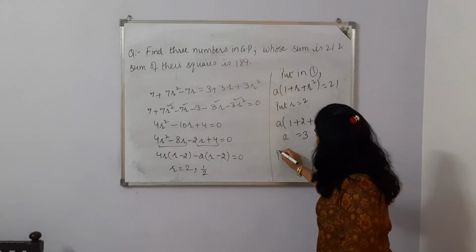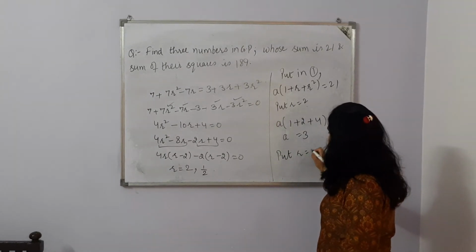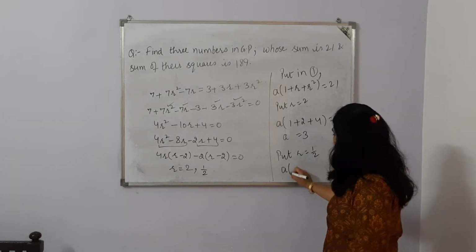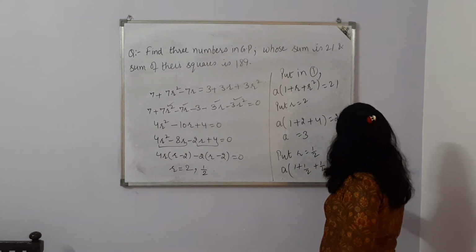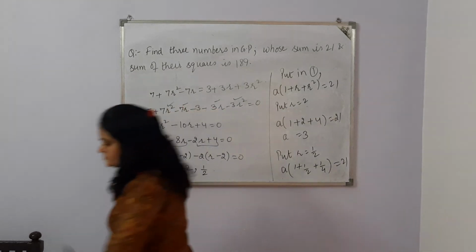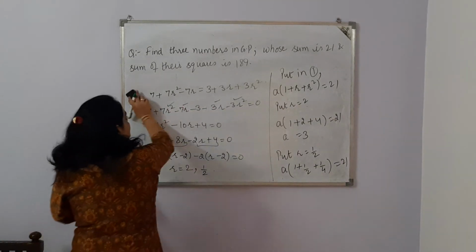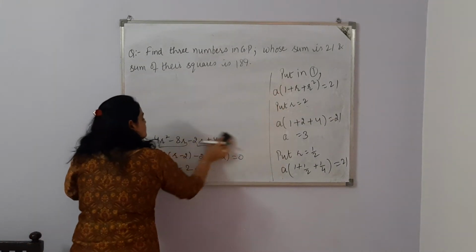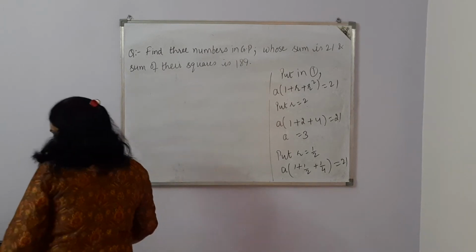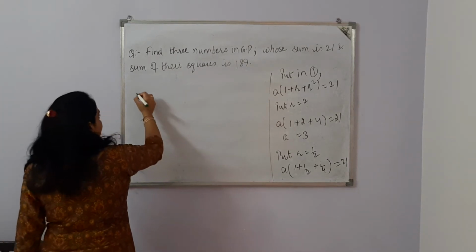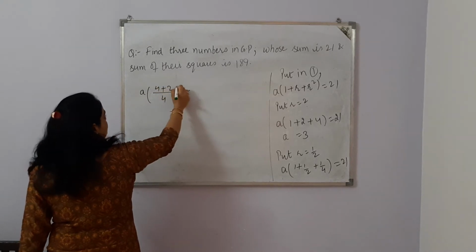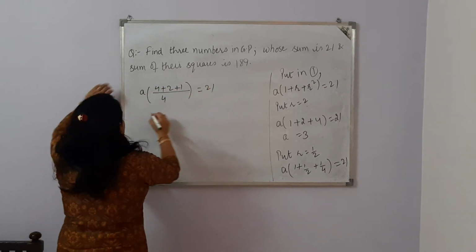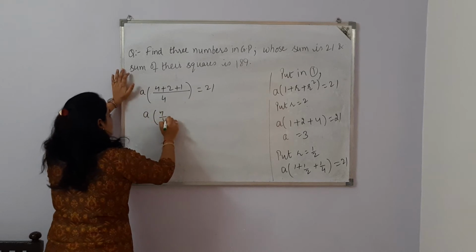So if r is equal to 1 by 2, then a is, I'm taking LCM. 4 plus 2 plus 1, it is 7 by 4.